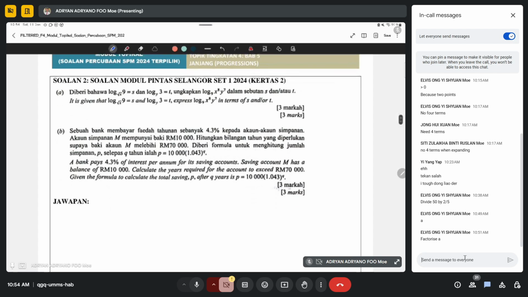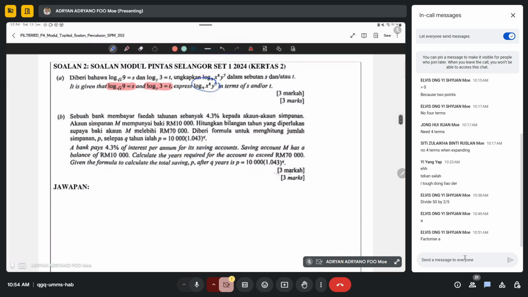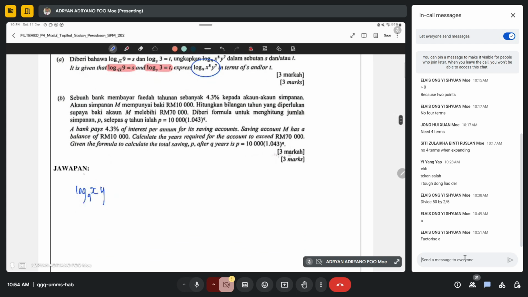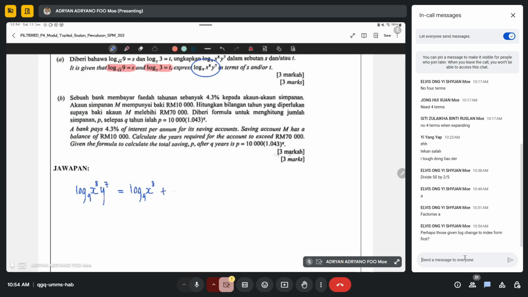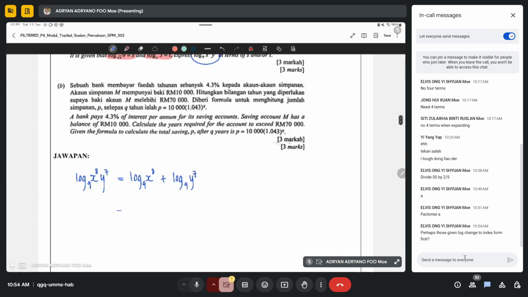Whenever you see they give you two things, you will definitely use them in here. So let's say log base 9 of x power 8 y power 7. We now want to put it in terms of s and t. We have these two, so the first step we can do is separate it, which is convenient. We separate it out. Next, what can we do?